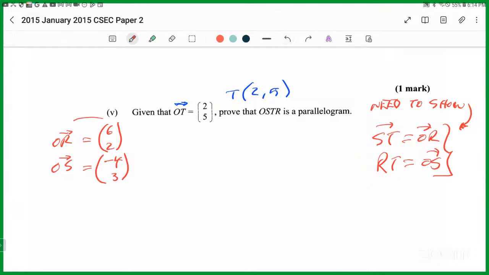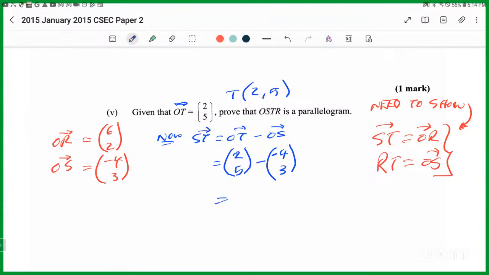So that they equal these two things we started with. Let's do the ST first. So now ST is OT minus OS. Well, OT is 2, 5 minus OS, this one, negative 4, 3.